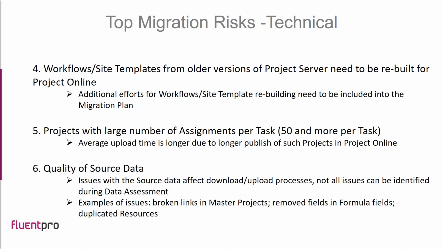Also, what we observed in the source data during the migrations is that in Project Server there can be duplicated resources, where resources have the same display name but different UID, and it is not easy to handle these resources when you create the mapping.